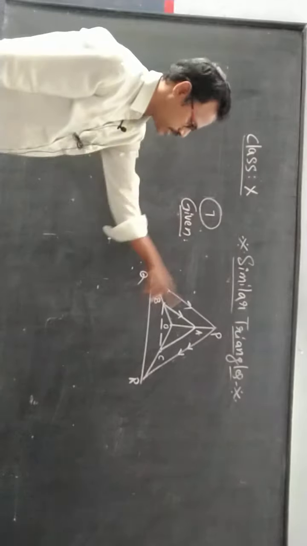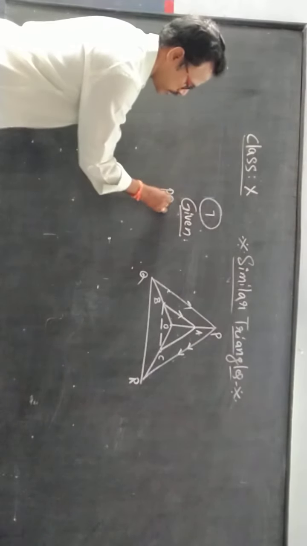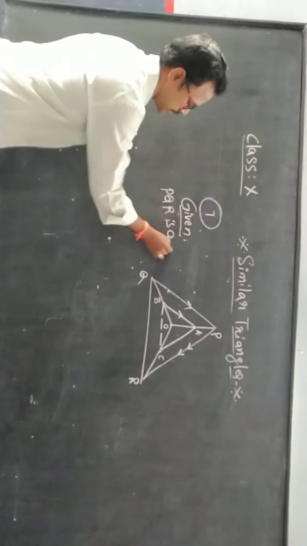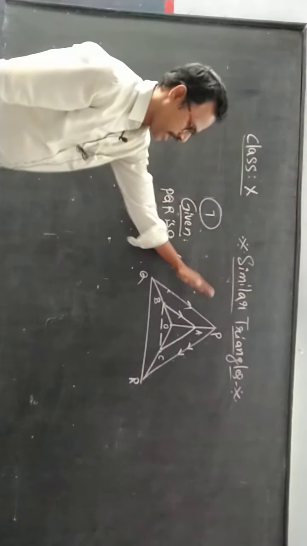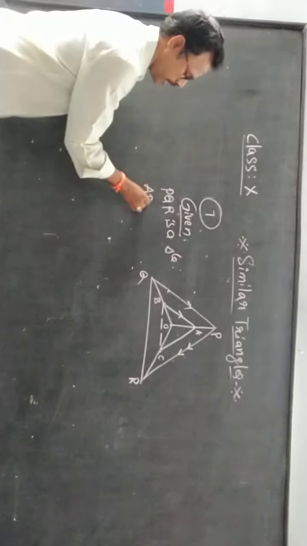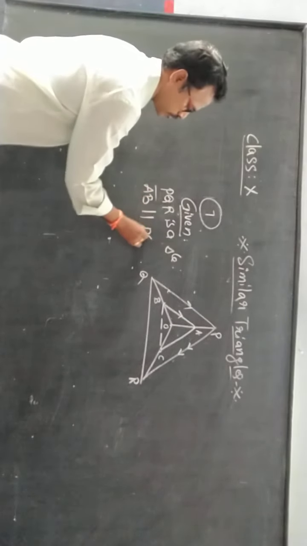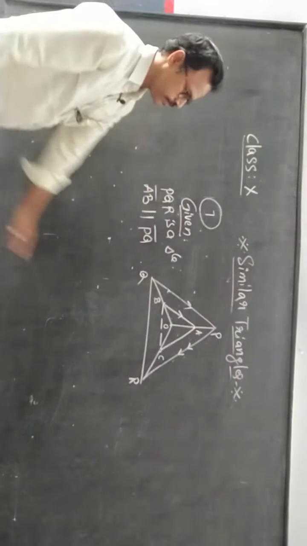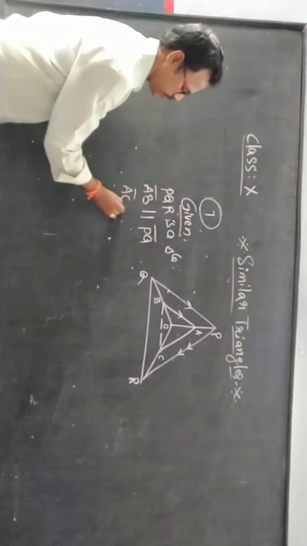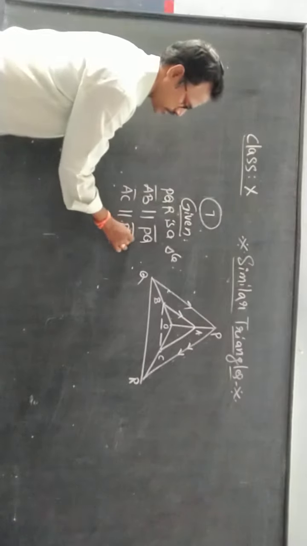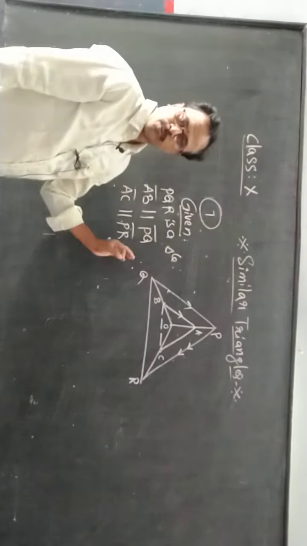So PQR is a triangle. Given that AB is parallel to PQ, so AB line segment parallel to PQ line segment. AC is parallel to PR. AC line segment is parallel to PR line segment. What is asked to prove here?